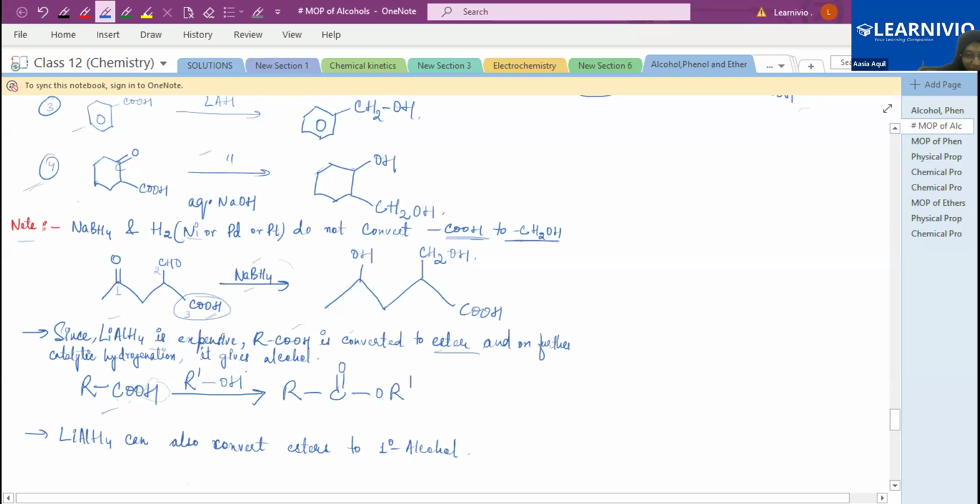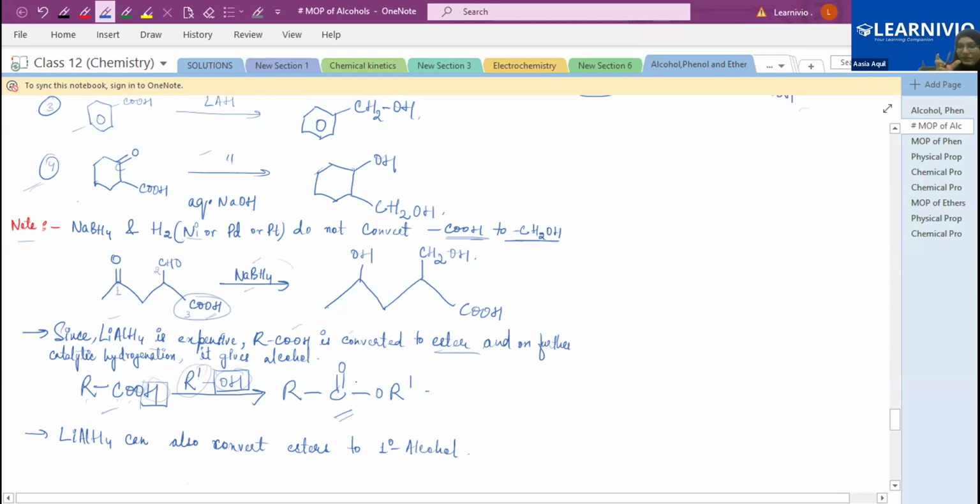This hydrogen from the carboxylic acid and this OH group from the alcohol just combine together and are released as water. In the place of the OH, R dash is attached over here and it will form the ester. The first step is done.